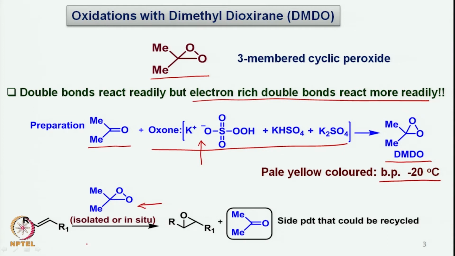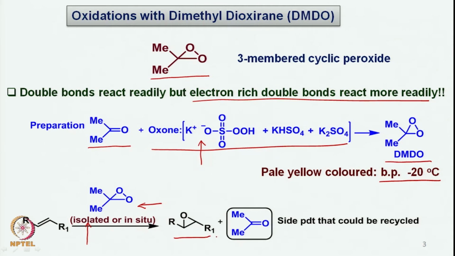Or you can also do it in situ. In situ means inside a reaction we put acetone and also oxone, and as soon as the DMDO is formed, the DMDO reacts with the olefin and the epoxidation occurs. So, basically olefins react with this DMDO to form the corresponding epoxide.